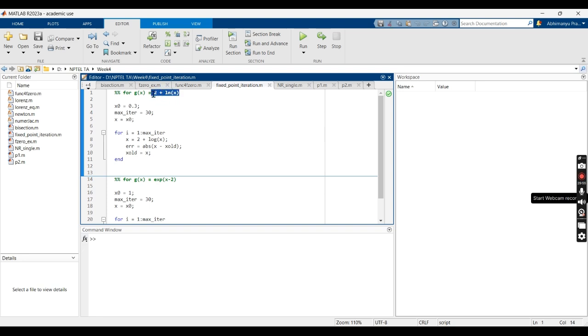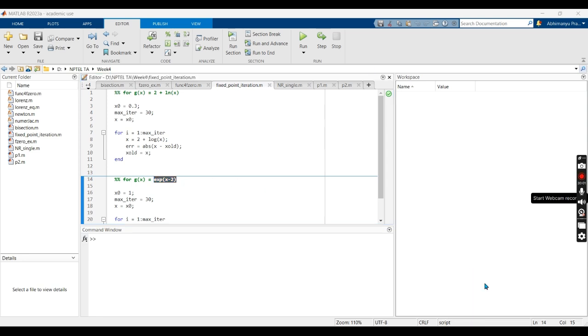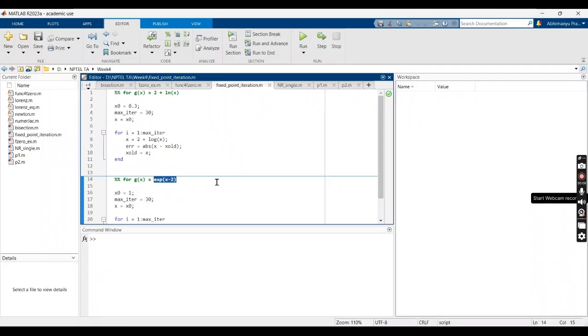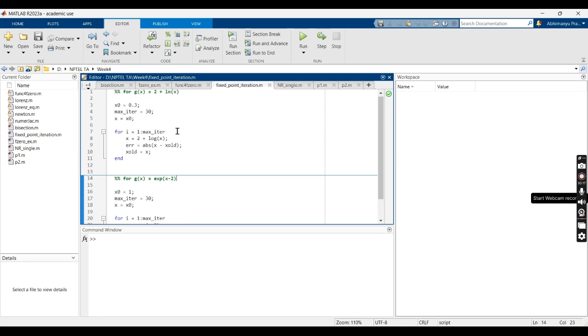First is 2 plus ln x, and the second one is exponential of x minus 2. In the first case, we will evaluate g(x) equal to 2 plus log x, and in the second case, we will evaluate exponential of x minus 2.